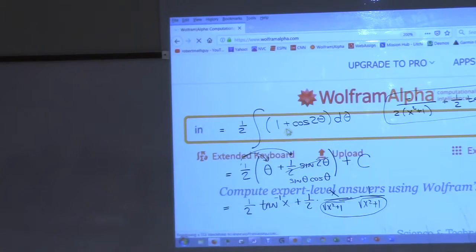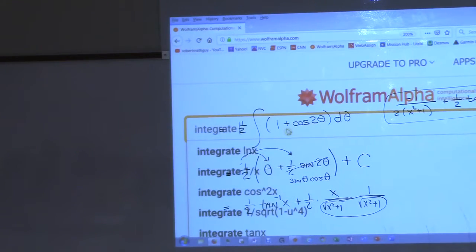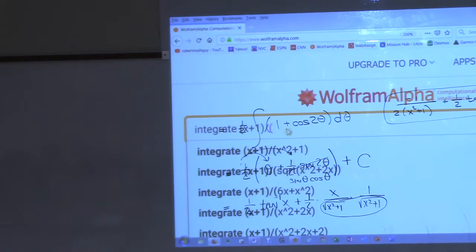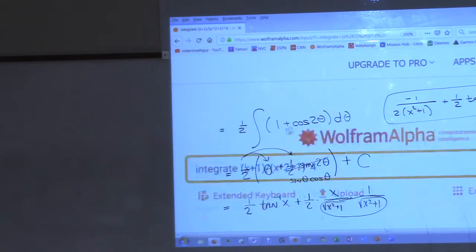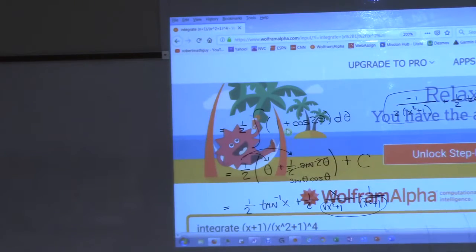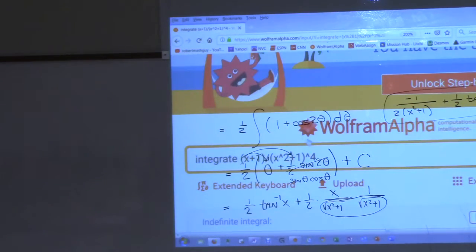So integrate. What was it? X plus 1 over x squared plus 1, all of that to the 4th. Was it? Oh, it was squared. My bad. Squared.